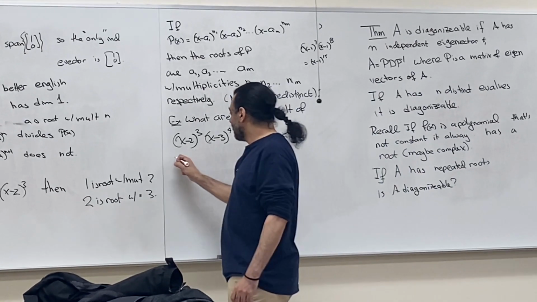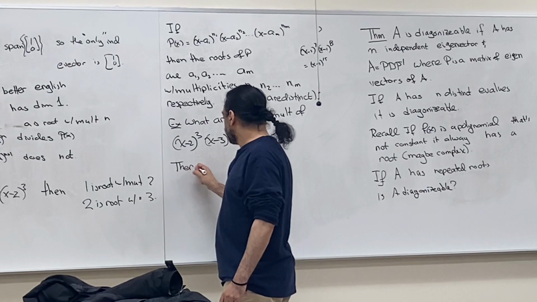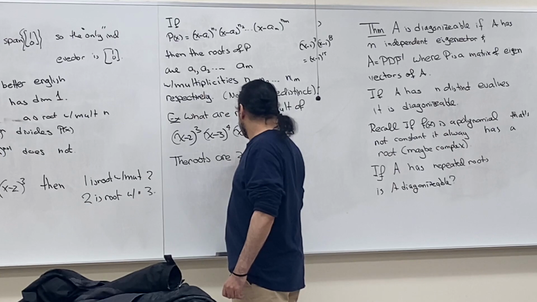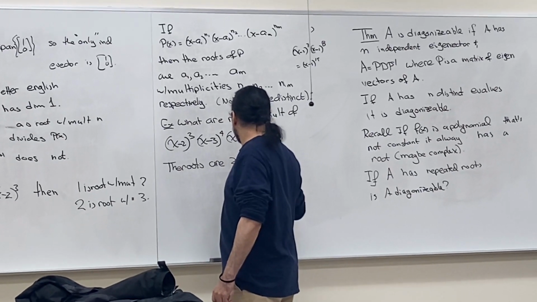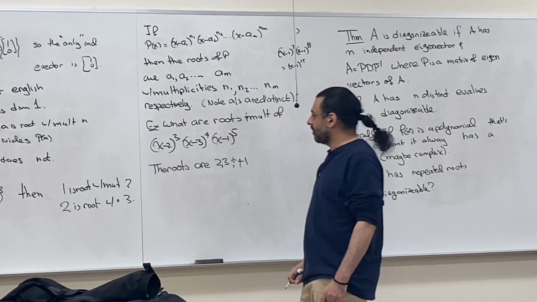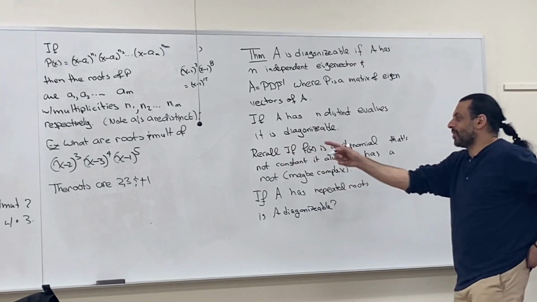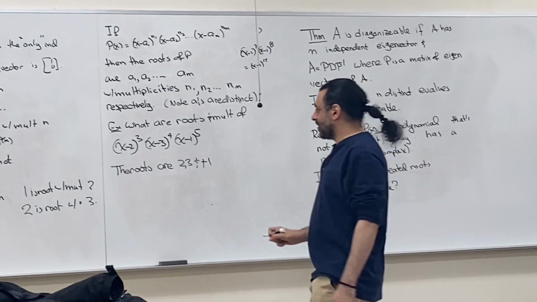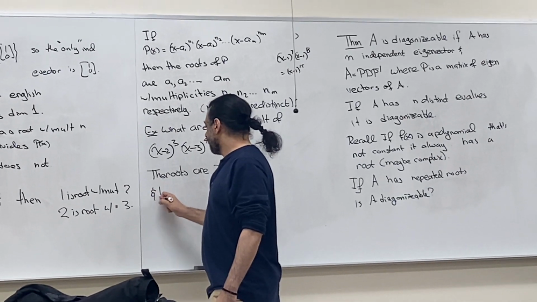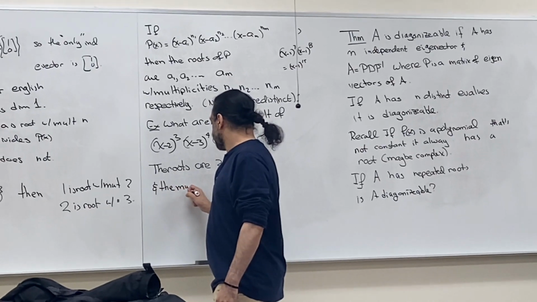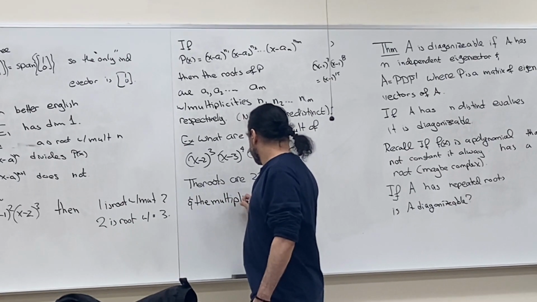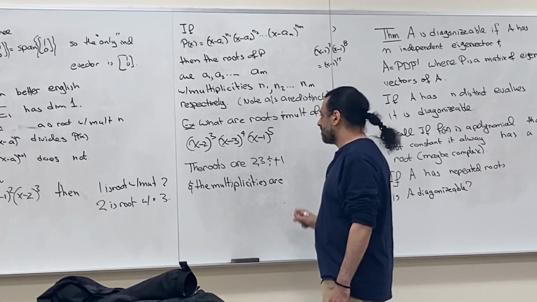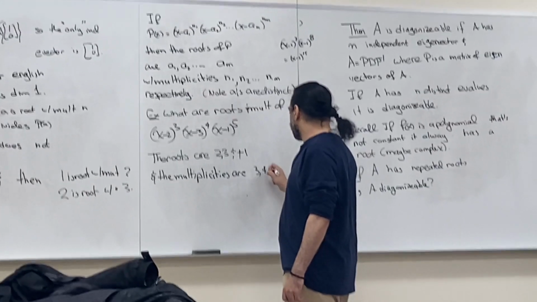Should be easy to see. The roots are 2, 3, and minus 1. If I put a 2 in there, the first factor would be 0. Put a 3 in there, it'll be 0. If you put a minus 1 in there, it'll be 0. And the multiplicities are 3, 4, and 5.